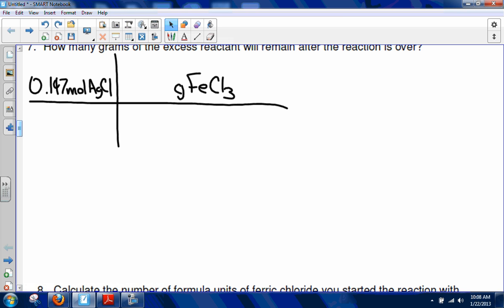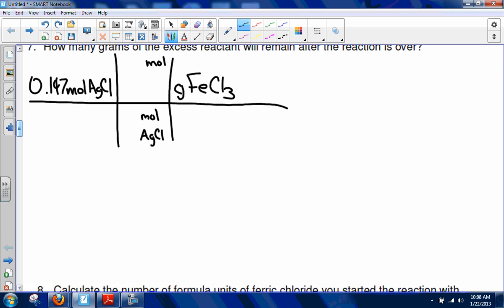I can use my mole ratio. So on the bottom I'll have moles of AgCl, and on the top I'll have moles of FeCl3. And I just need to get rid of moles of FeCl3, put it on the bottom. And I just have to plug in numbers.